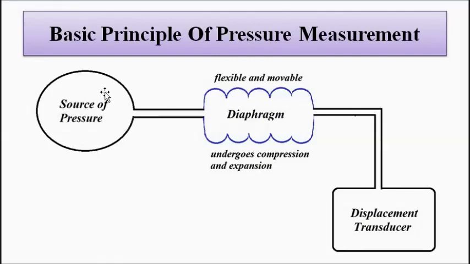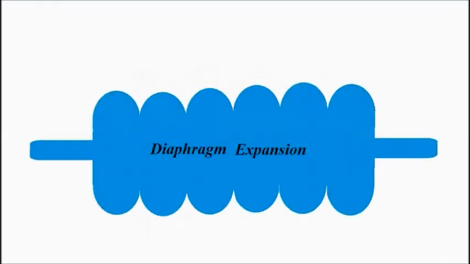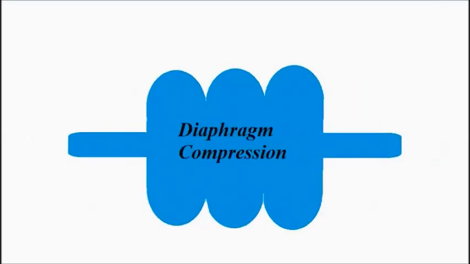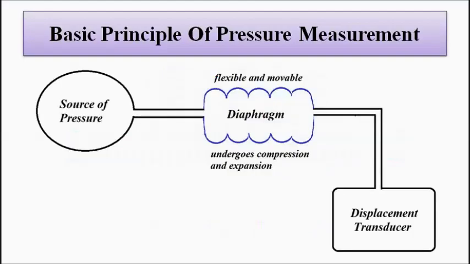Because of the pressure fluctuations, the diaphragm undergoes compression and expansion. Because of this, the other end of the diaphragm is connected to a displacement transducer. The displacement transducer detects the movement of the diaphragm and produces an electrical signal.